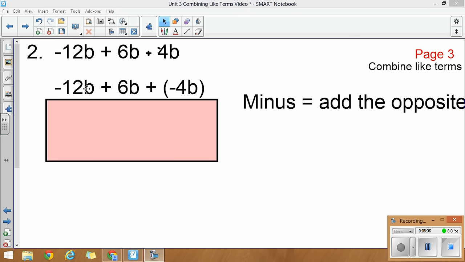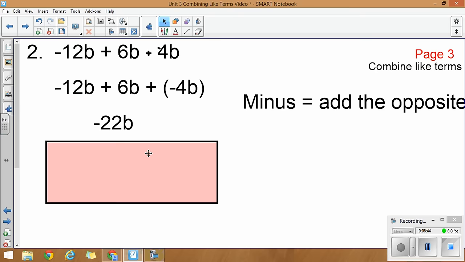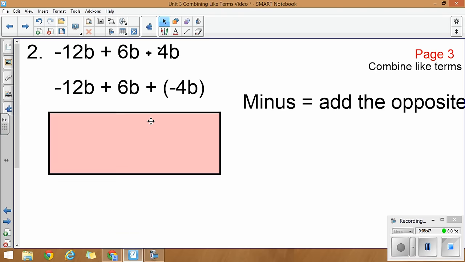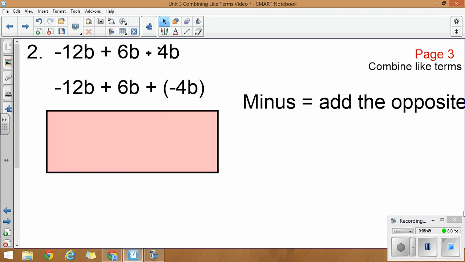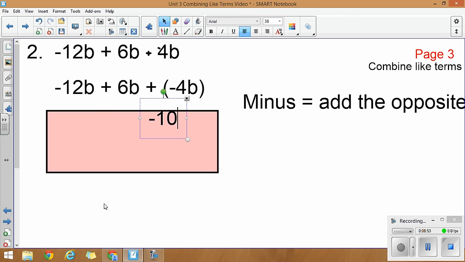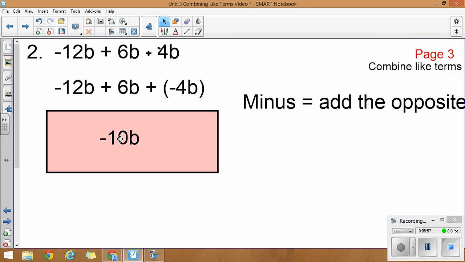For example, negative 12 plus 6 is negative 6, and then negative 6 plus negative 4 gives us, I made a mistake there. So negative 6 plus negative 4 is negative 10b. Okay, my solution underneath is wrong.